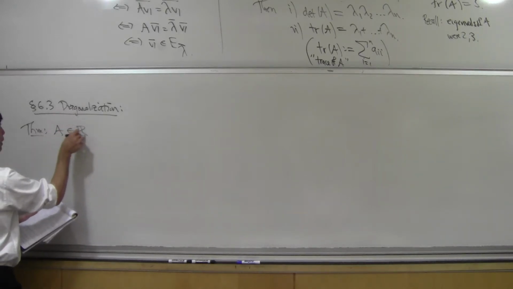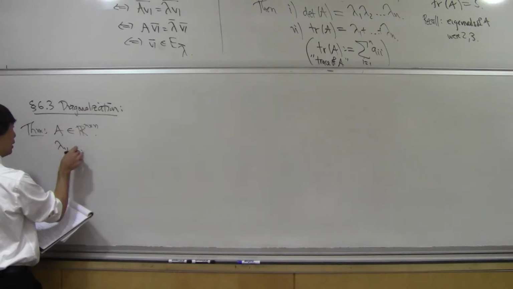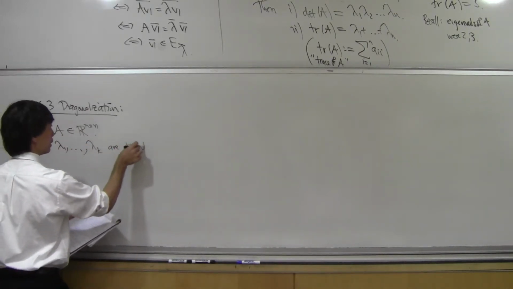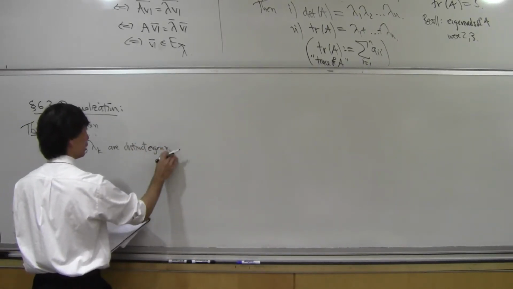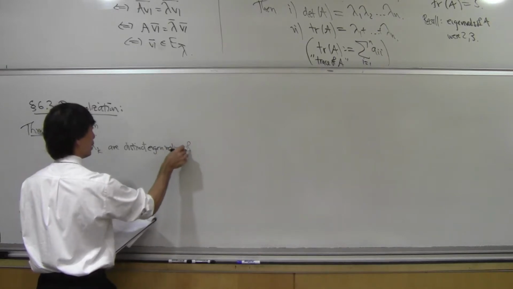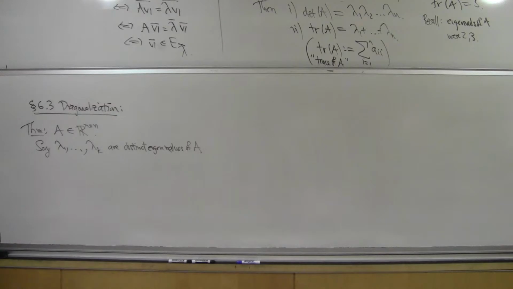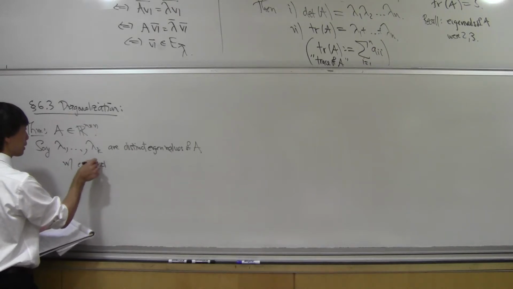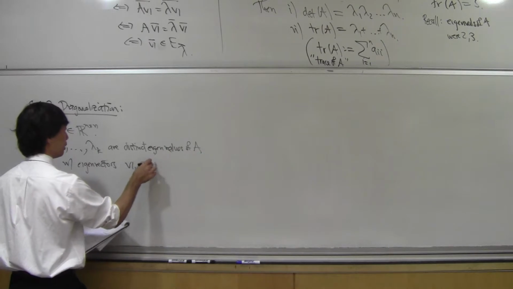Suppose you have an n by n matrix A, and let's say that lambda 1 through lambda k are distinct eigenvalues of A with eigenvectors v1 through vk.